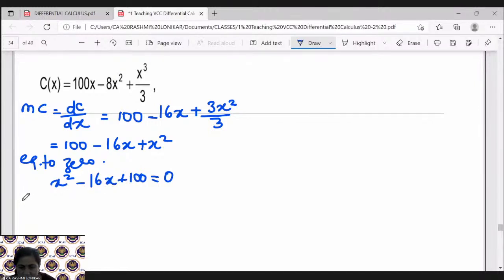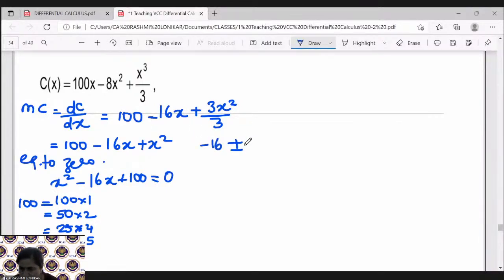So x square minus 16x plus 100. Using the formula, minus b plus or minus the square root of 64 minus 4ac. Just let me check if the question is correct.